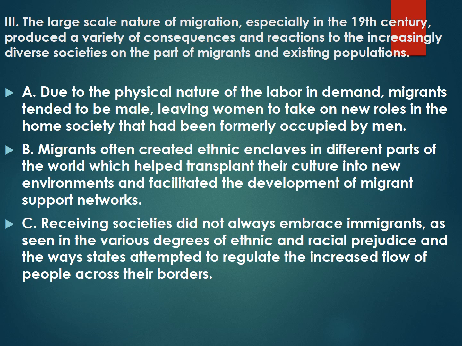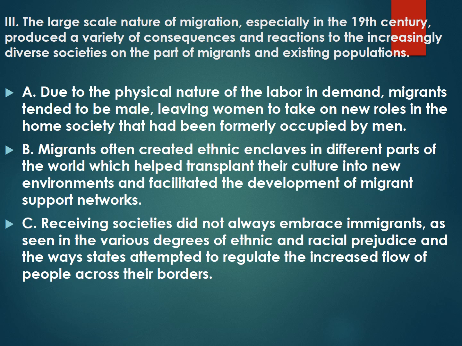So, of course, you have different varieties of things there. A, due to the physical nature of labor and demand, migrants tend to be male, and that changes the way that women have to take on new roles in the home society that were formerly occupied by men. B looks at ethnic enclaves being created in different parts of the world that are used to transplant culture into new environments and such.